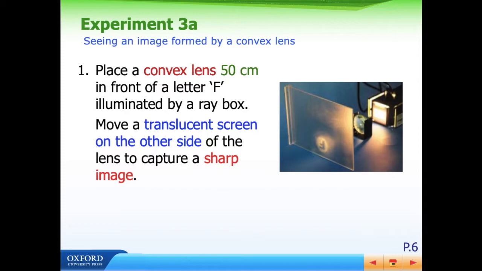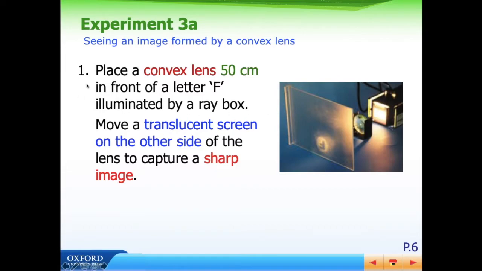First, you gather the materials for this experimental setup. You have here this translucent screen, a convex lens, and of course, a source of rays, which is known as the illuminated ray box.